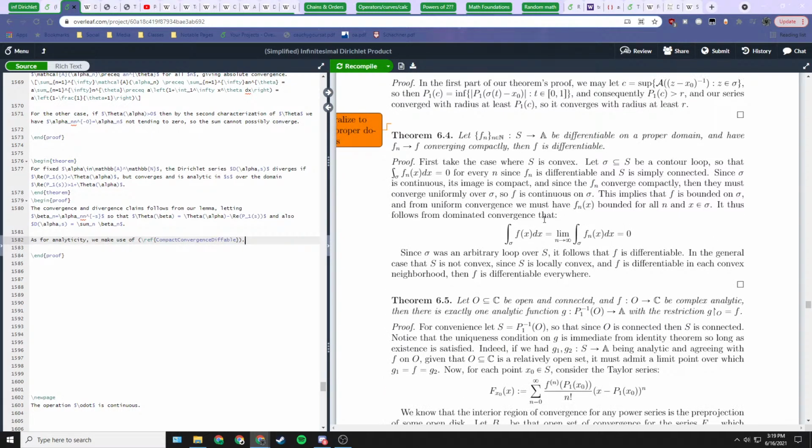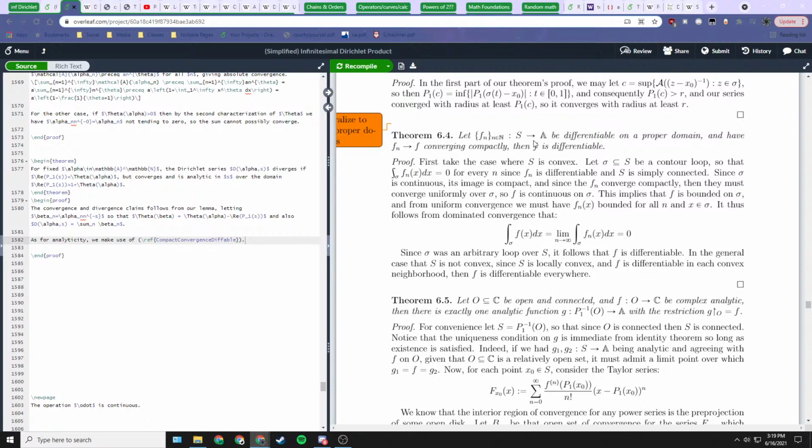If we have a sequence of functions which are differentiable on a proper domain, and the sequence converges compactly to a limit function, then the limit function is differentiable on this set S, on this proper domain. So we're going to use this result.